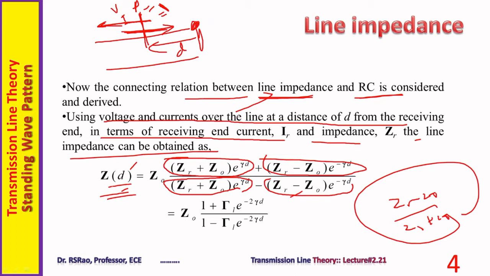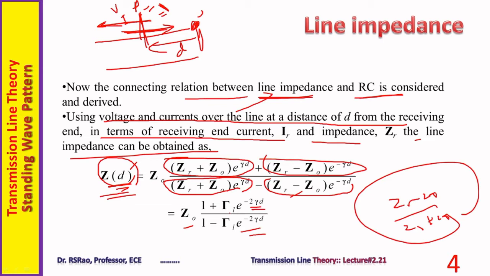So impedance at point P, which is at a distance of d from the receiving end, is characteristic impedance Z0 times 1 plus gamma L, where gamma L means reflection quotient over the load, times e^(-2 gamma d), divided by 1 minus gamma L e^(-2 gamma d). So this is the relation between impedance at point P in terms of reflection quotient over the load.